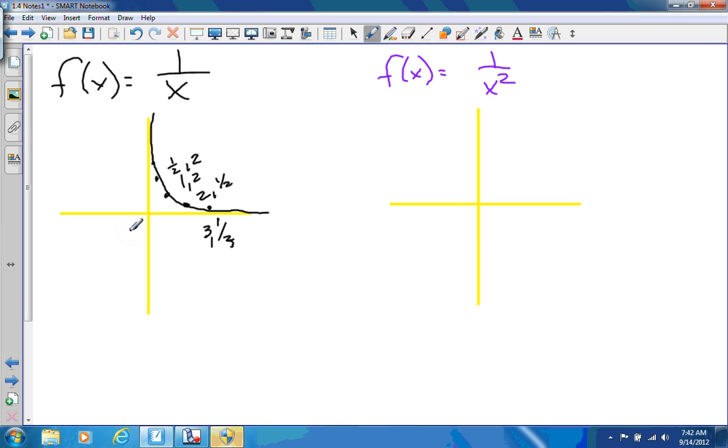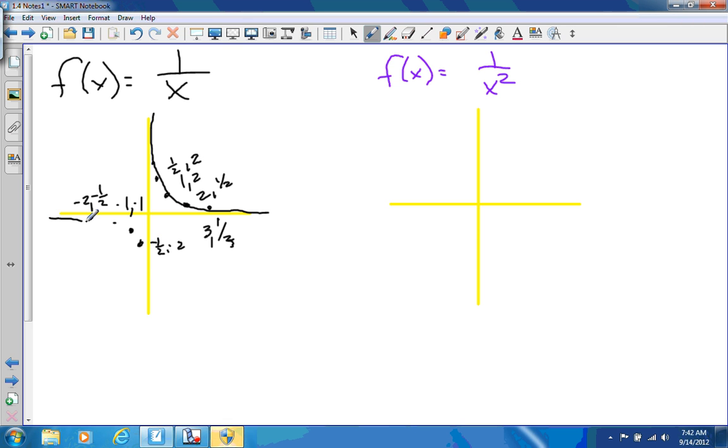Now you can also substitute a negative 1 in, and you'll get a negative 1. A negative 2 will get you a negative 1/2. A negative 3 will get you a negative 1/3. And a negative 1/2 will get you a negative 2. A negative 1/3 will get you a negative 3.